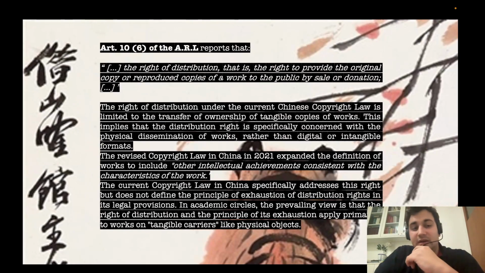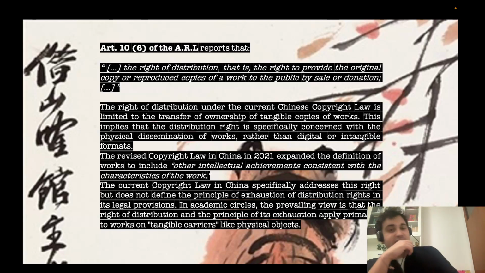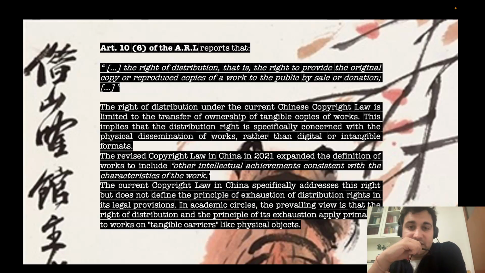Then we go with the right to distribution. That in China is regulated by Article 10, Section 6 of the ARL, which mentions that the right to distribution is the right to provide the original or a reproduced copy of a work to the public by sale or donation.